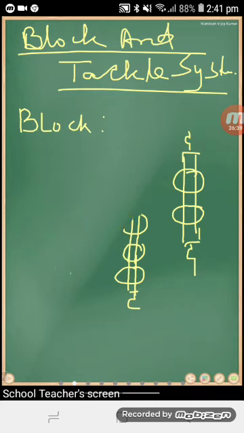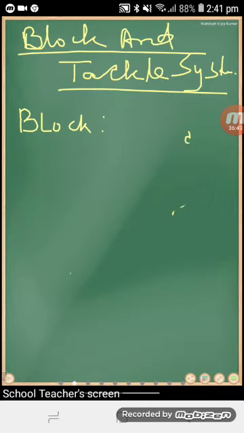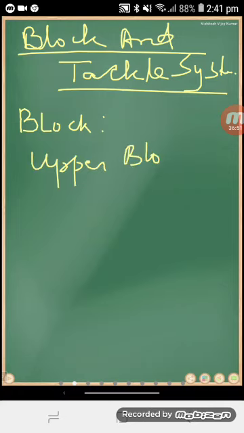So we have two portions, in case of two types of block you can say. Okay, we have the upper block, or we call it the fixed block. Definitely this block is going to be fixed.